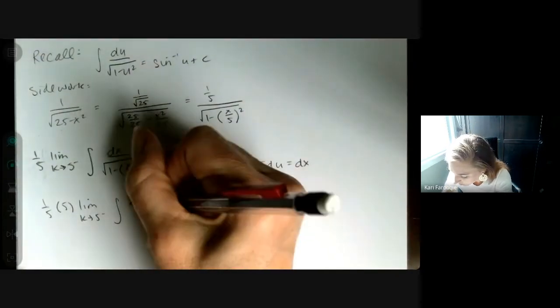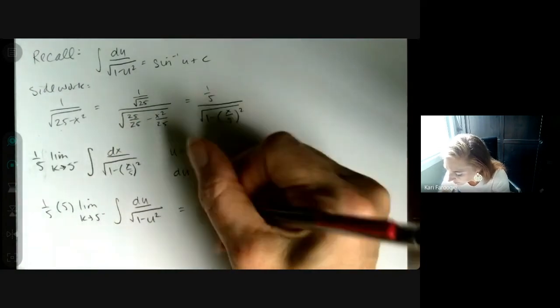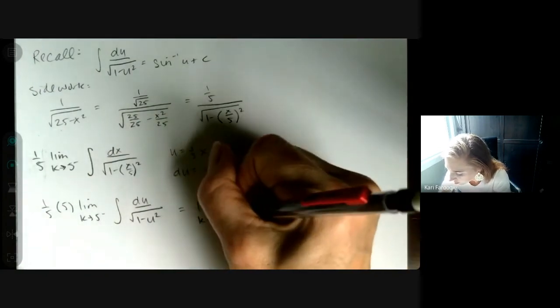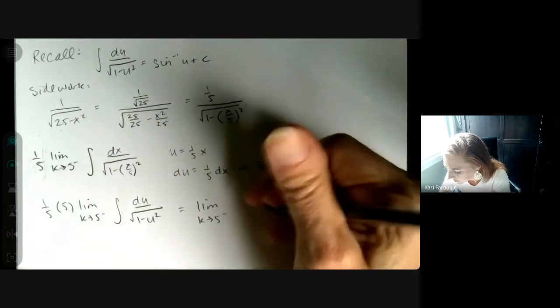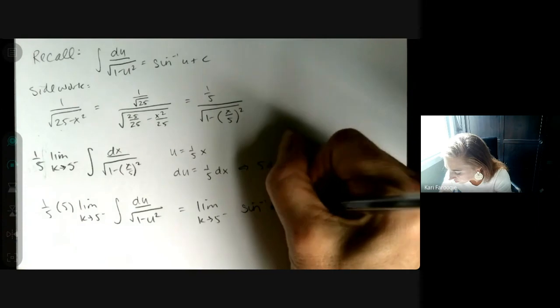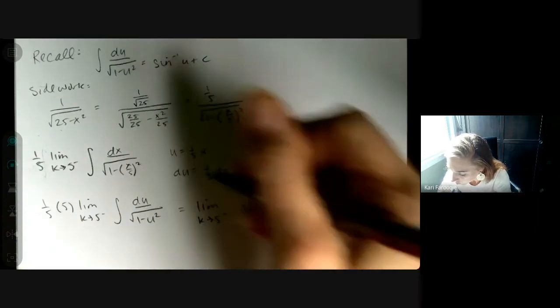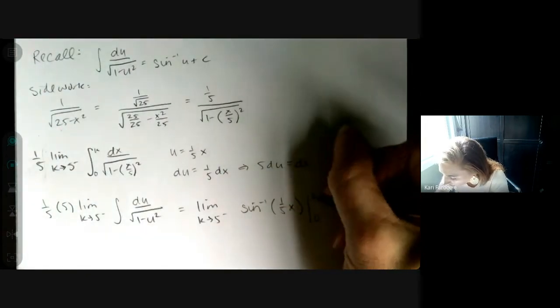And then we have the integral of du over the square root of 1 minus u squared. And that's going to be the limit as k approaches 5 from the left of the inverse sine of 1/5 x. And I almost forgot that I didn't put limits on this, from 0 to k.